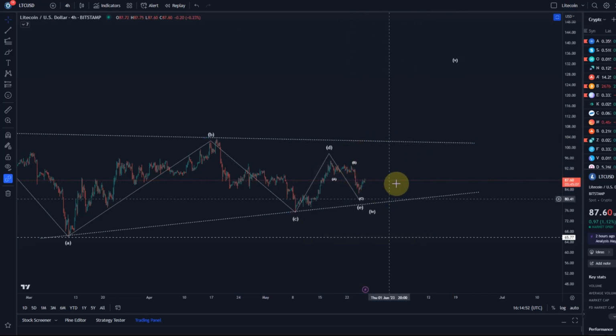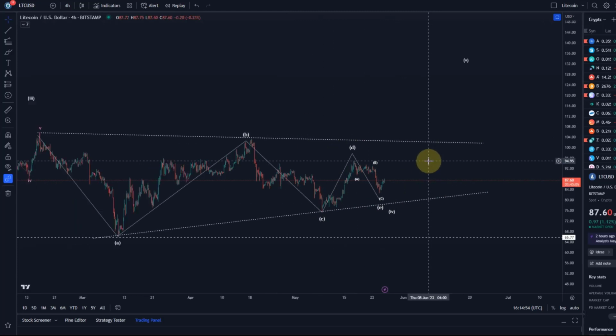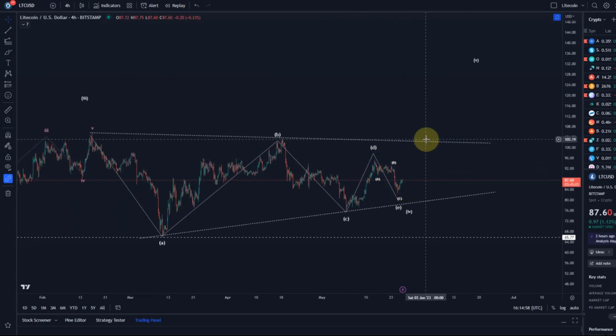This triangle count, any count I show you here now, is only temporary, because until we take out the B-Wave high, that's at the moment the forecast that we would rally in a fifth wave, yeah? But we only have confirmation about that as soon as we take out the B-Wave high at $103.40. Why is that? Because if it now rallies higher, I cannot tell you for sure that the E-Wave is over.